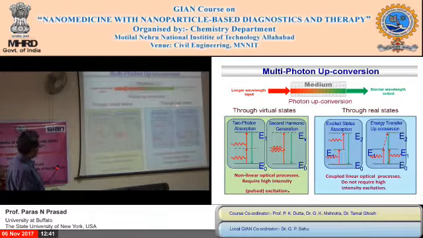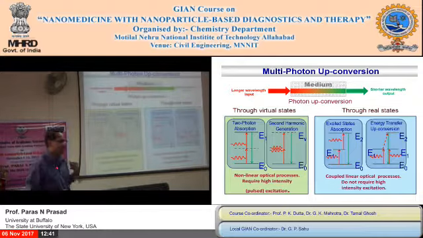Then there is another kind of upconversion process that we shall see also applied to biology and nanomedicine, where you actually have a lot of levels close by. One example is rare earth ions, where you have f levels.